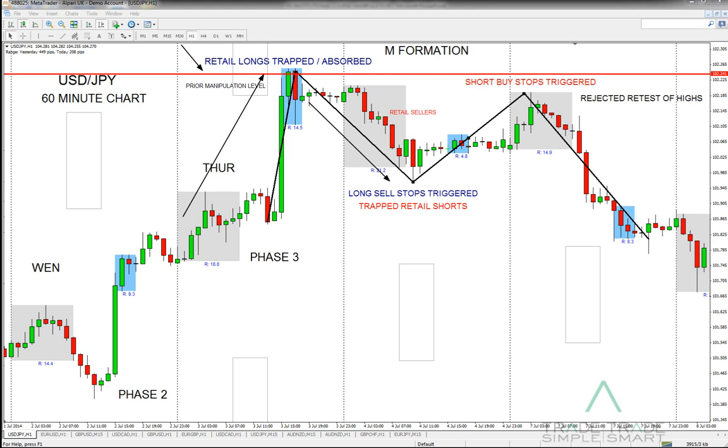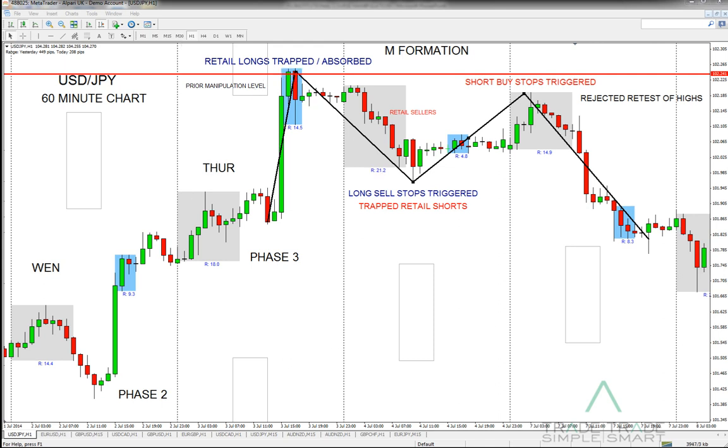So if you can imagine, as a retail trader, you've bought at the top of the trend here and you will place your stop loss in and around the mid to the end of the prior rally, you become instantly trapped.